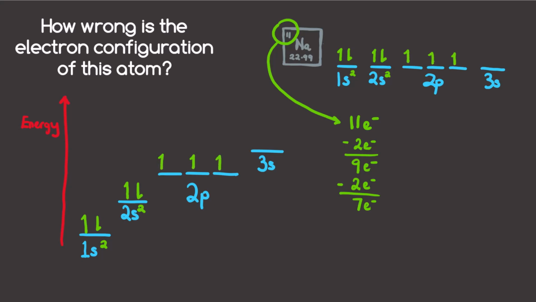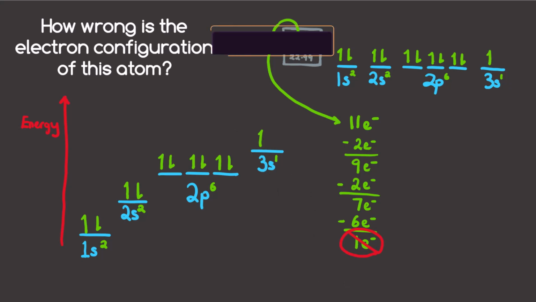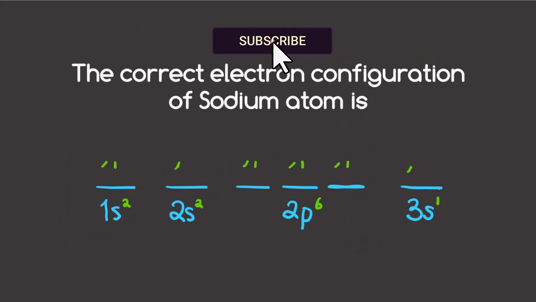Then the next step is pairing those unpaired electrons, and this shows that it is going to be completely filled, with the maximum number of electrons here being 6. And then finally we add our final electron, which goes to the higher energy level, the 3s. Therefore, this is the correct configuration for sodium.